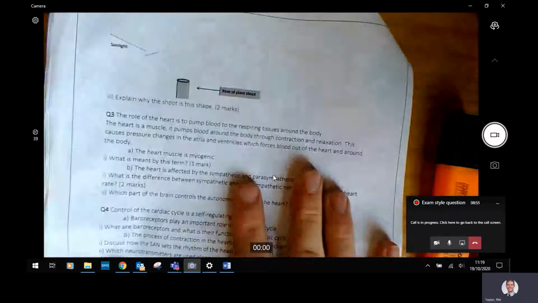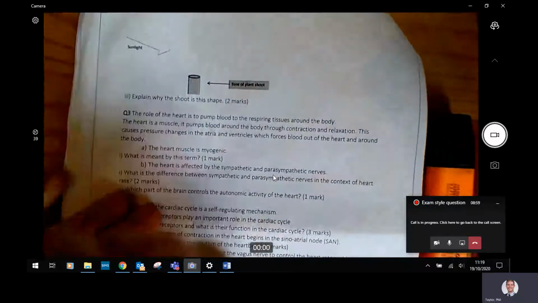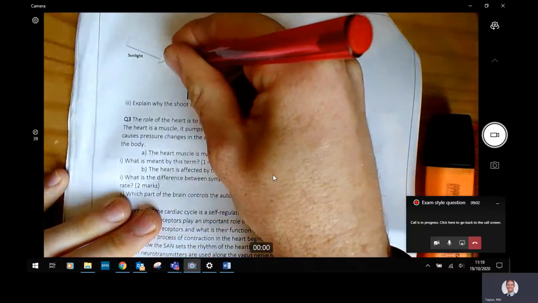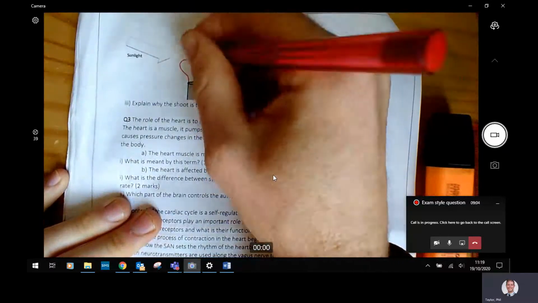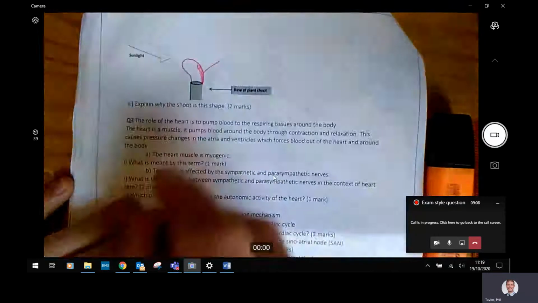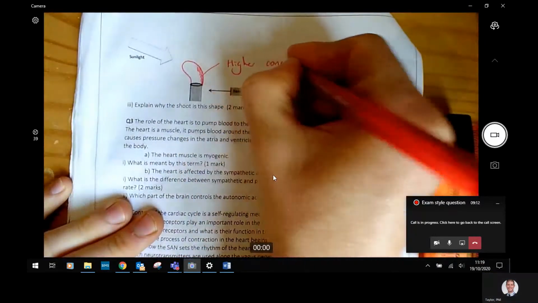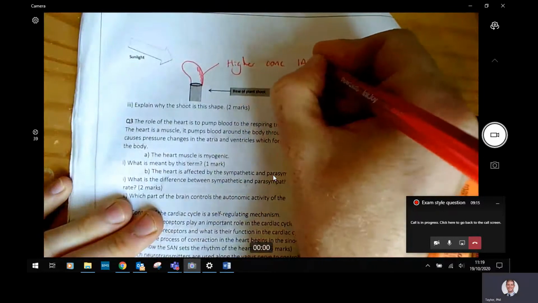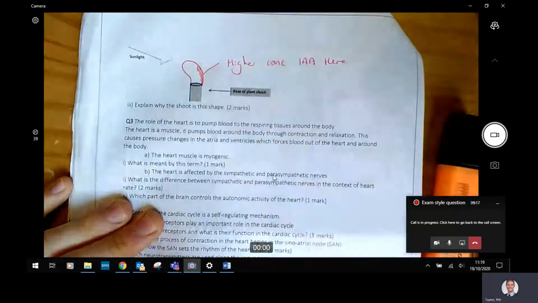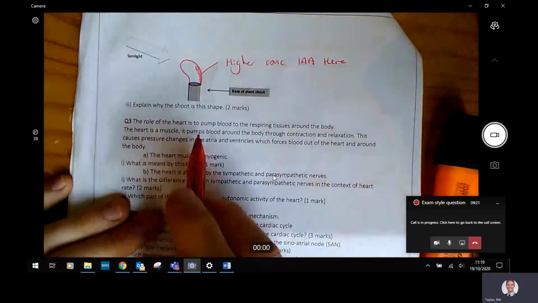Yep, and I'm right. We can see that there's a base, so let's show the tip. The tip's going to bend like that, bend away. Then if I just do a shaded side here, and I say higher concentration of IAA here. That gets the mark on the shaded side, the side away from the sunlight.